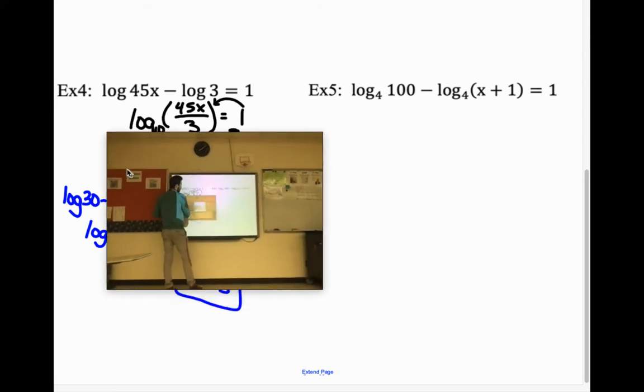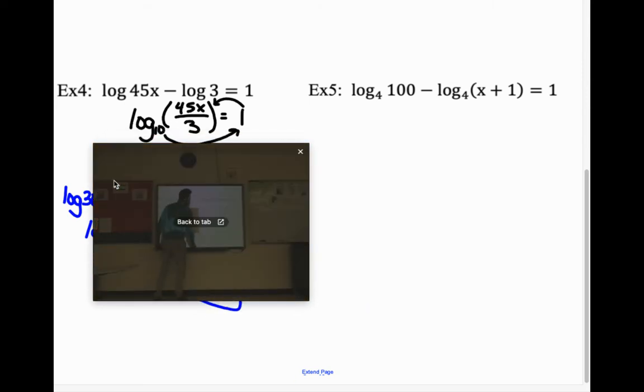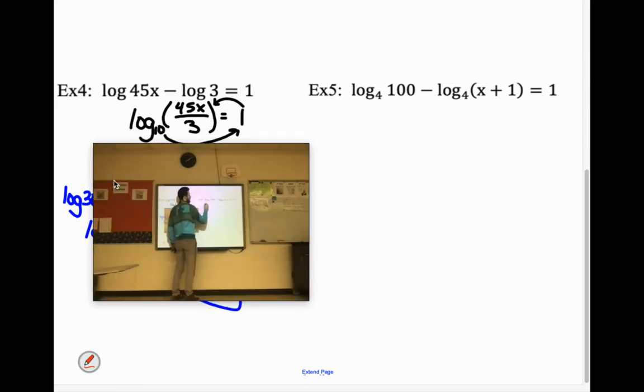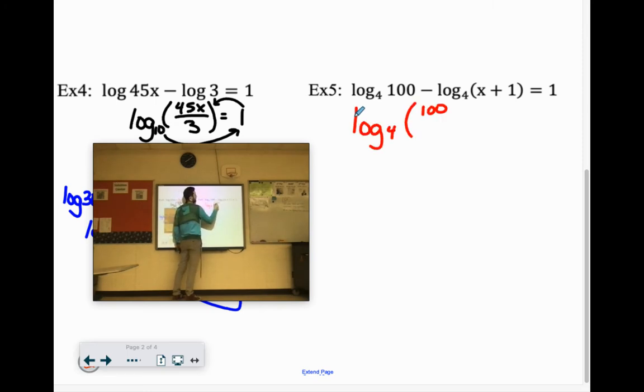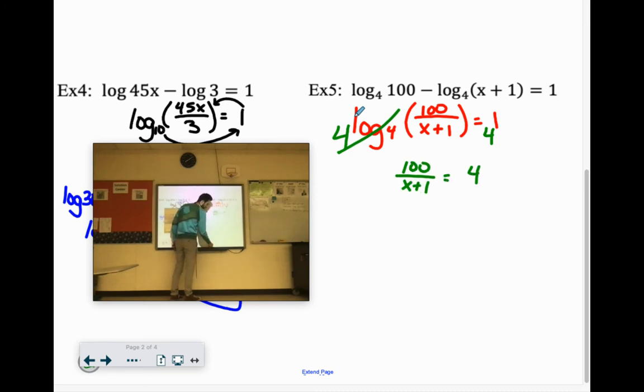Now here we have subtraction again, so we're going to bring it together with division. Log sub 4 of 100 over x plus 1 equals 1. Bring in that base of 4. That will cancel out all this, so we have 100 over x plus 1 equals 4 to the first power, which is 4.